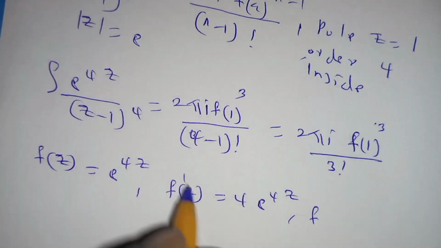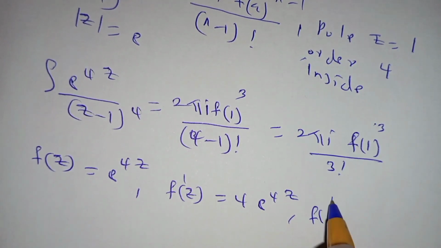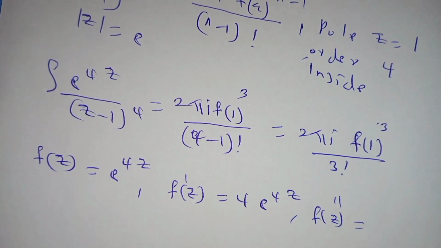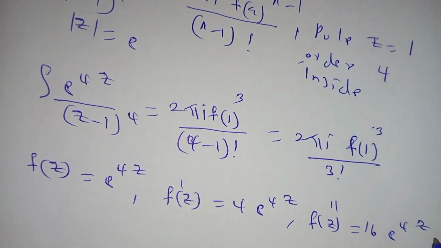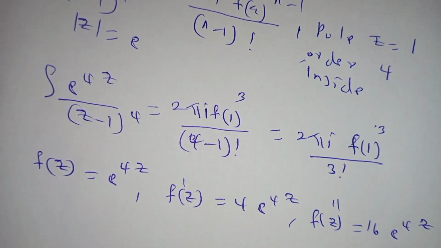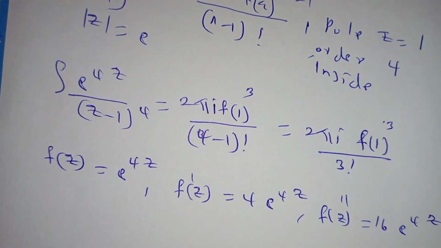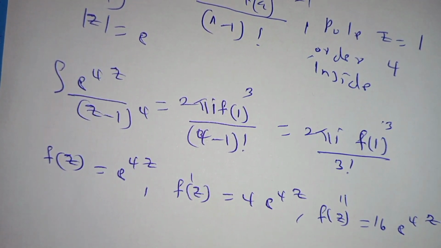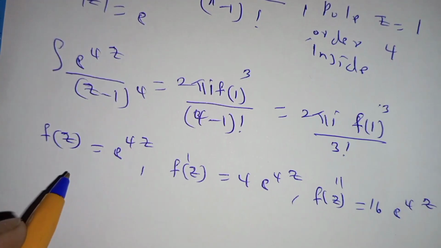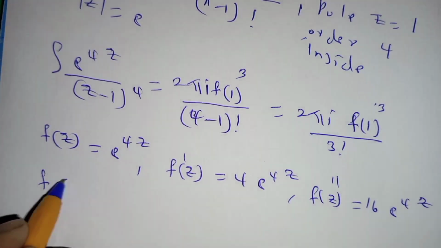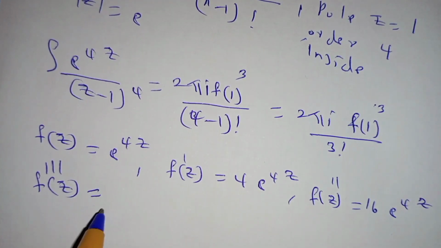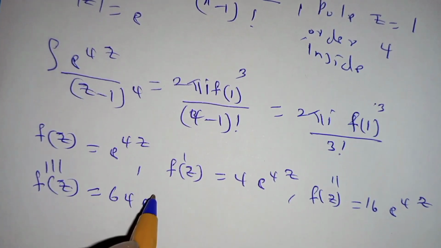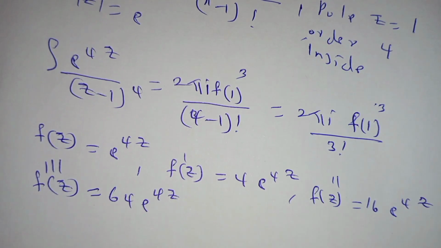The second derivative will give us 16 exponential 4z. Then we differentiate it the third time, and the third derivative will give us 64 exponential 4z.